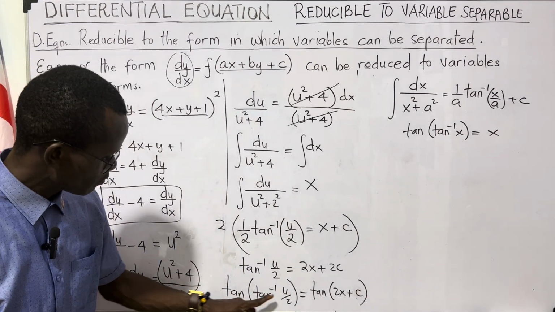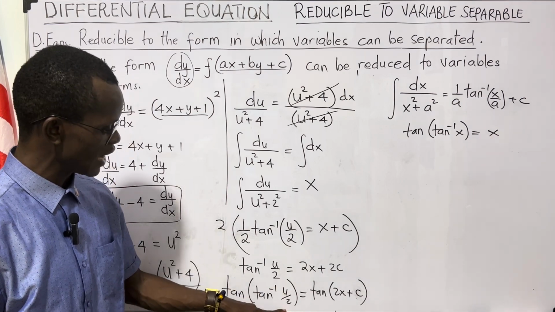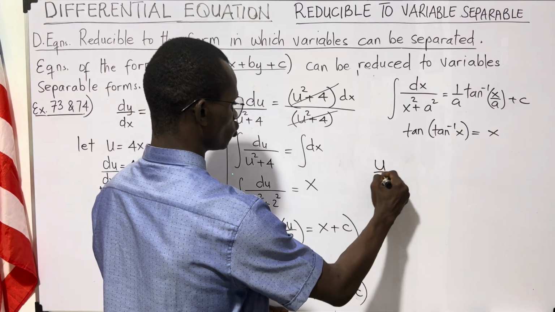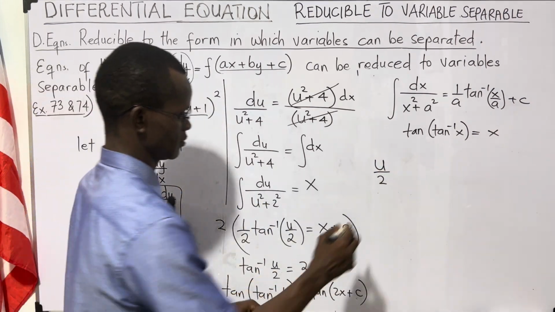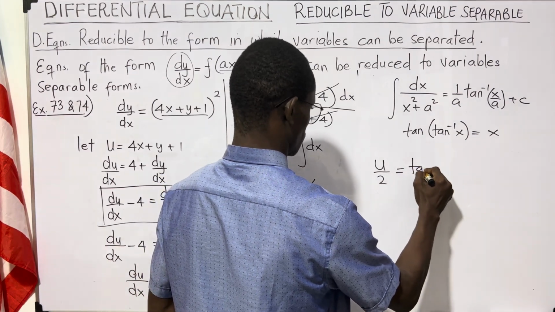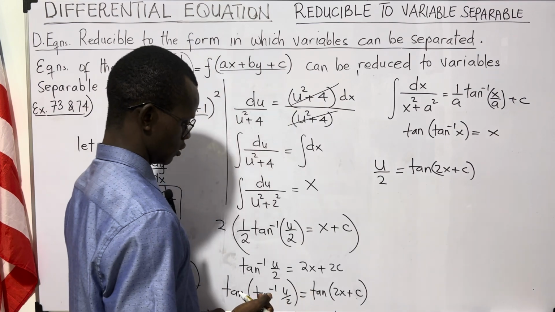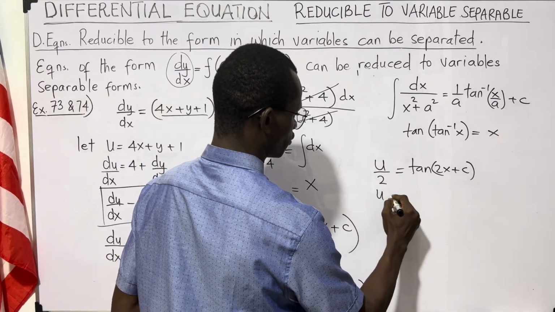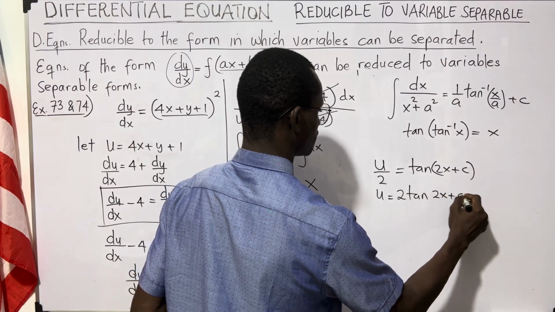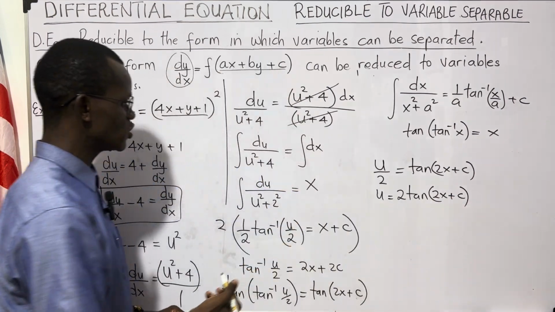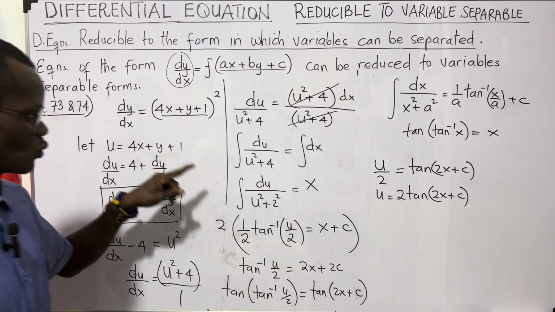So if we take tangent on both sides, tangent of tangent inverse of u over 2 would just be equal to the angle, which is u over 2, not x, u over 2, right? Equals tangent of 2x plus some arbitrary constant c. So if we cross multiply, we have u now to be equals to 2 tangent of 2x plus c. So what is u? Let's bring in u now. U is 4x plus y plus 1.